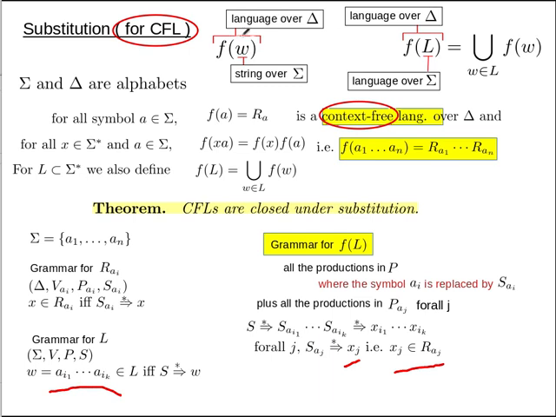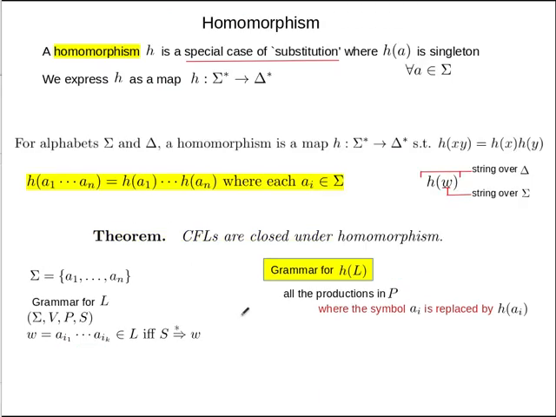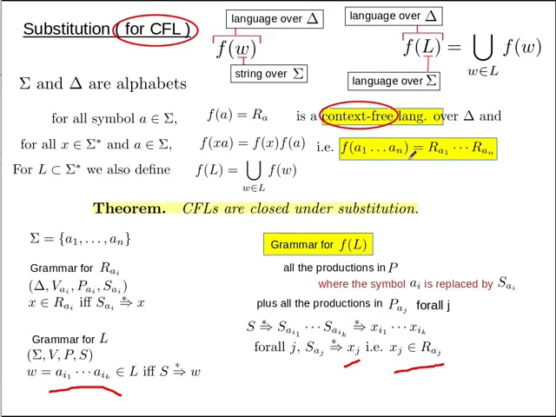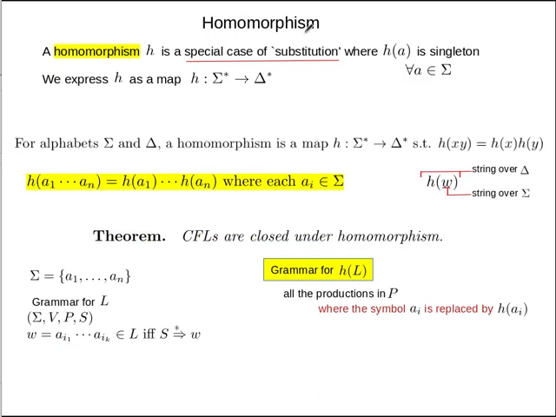So this was a set of strings over this delta. For substitution, when you are mapping a string, it maps to a set of strings, so it's a language, a set of strings over delta. But for homomorphism, this maps to a single string.